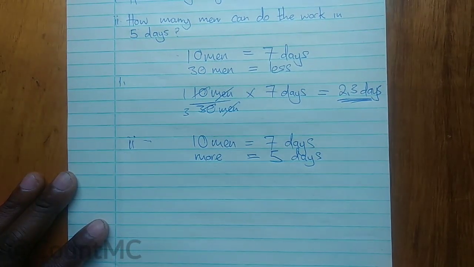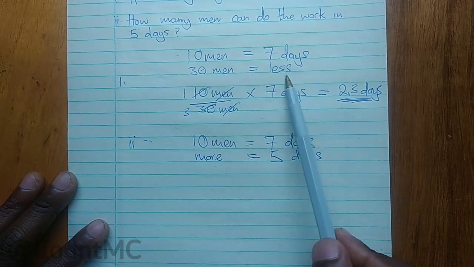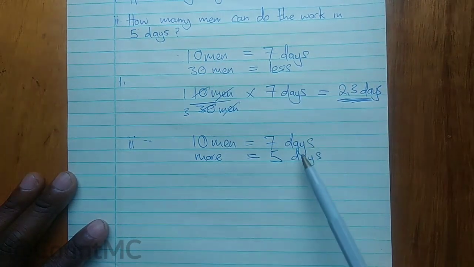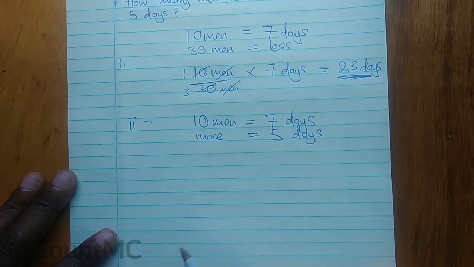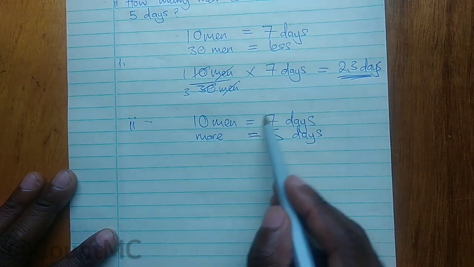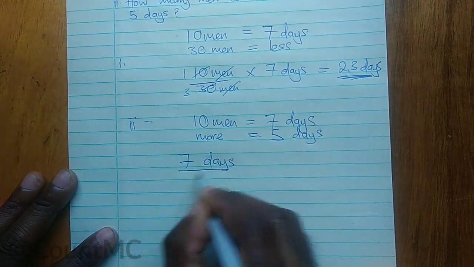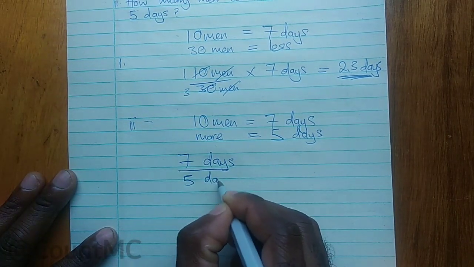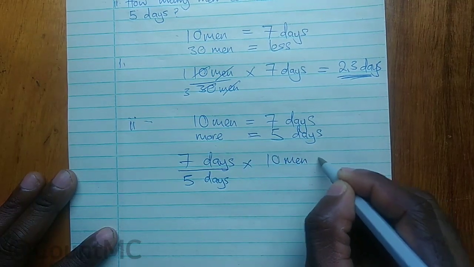We call this indirect proportion because when you are increasing men, the days are reducing. When you are reducing the days, the men are increasing. It's always the opposite of whatever is happening to the other. So when you say more, the bigger number on top. 7 days over 5 days times 10 men.